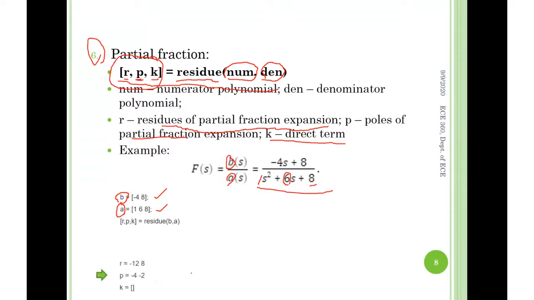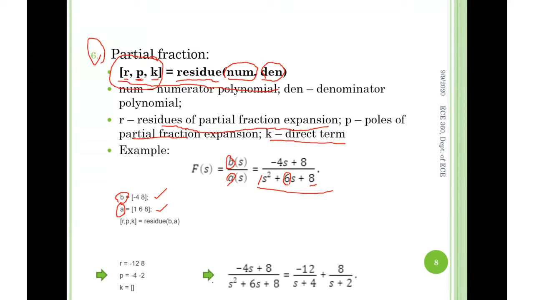MATLAB is going to return these as results, which, as I said, is not the partial fraction result. We have to be able to translate this into the partial fraction result.